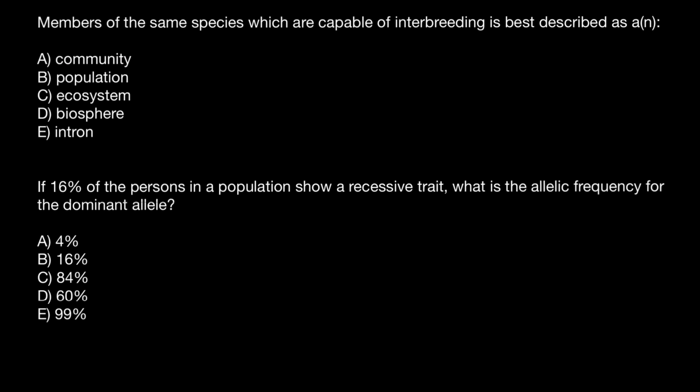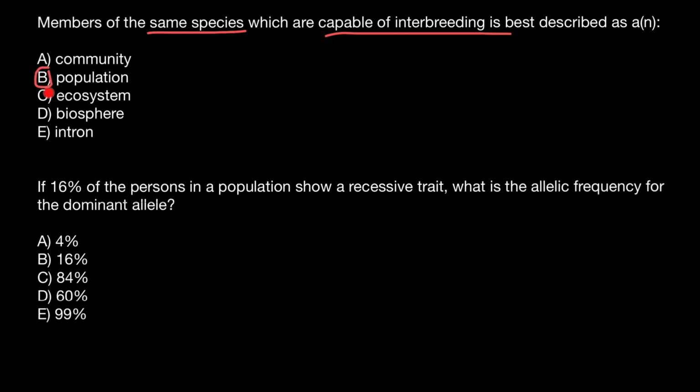Community is different species that live in the same area and share that area, and population is animals or plants of the same species that live in the same area and are capable of interbreeding. So our choice would be choice B. Members of the same species that are capable of interbreeding are described as a population.